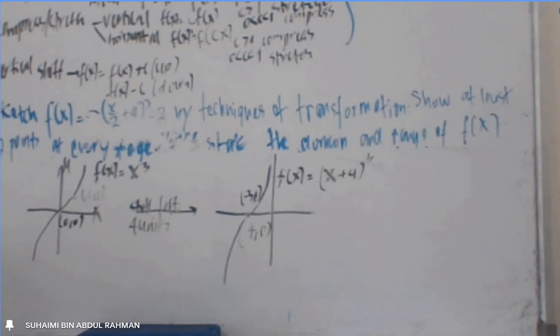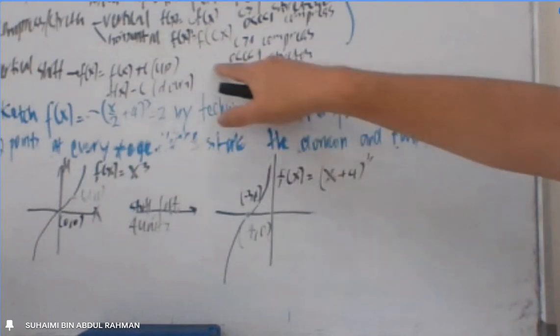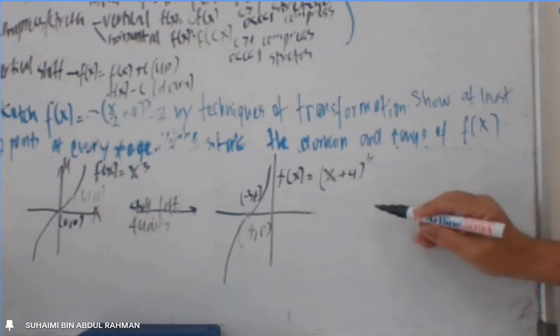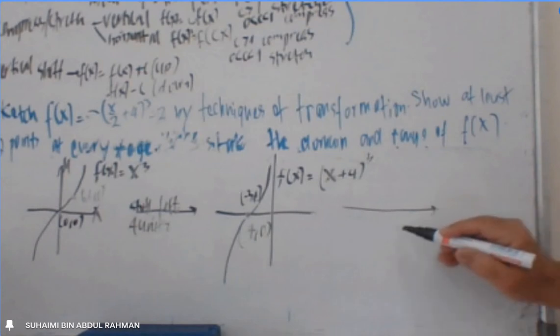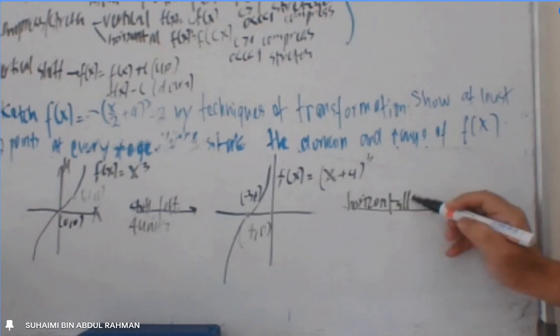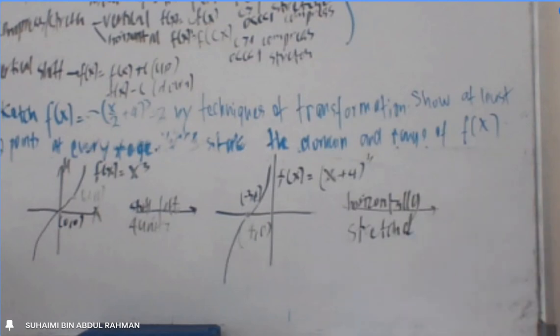When we say stretch, horizontal stretch, the x coordinate must be multiplied by 2. So every x coordinate must be multiplied by 2.